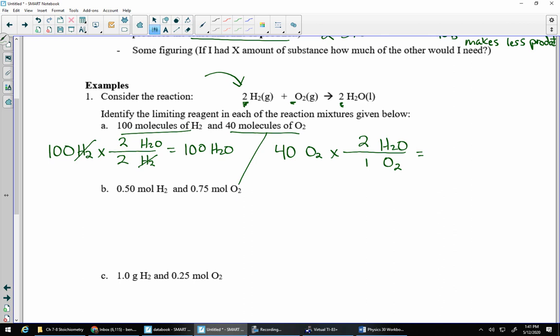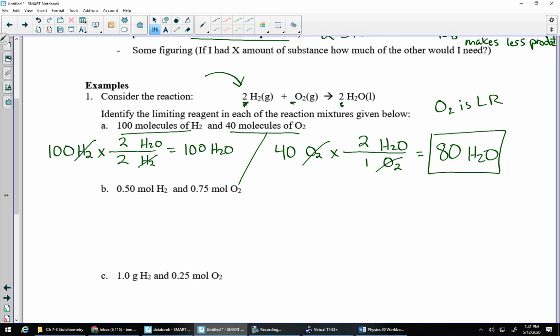So 40 times 2 is 80 H2Os. So which one limits the reaction? It's the oxygen that limits the reaction. And how much are we actually going to make? Oxygen is the limiting reagent, and we'd actually only make 80 water molecules, and we'd have some hydrogen left over.